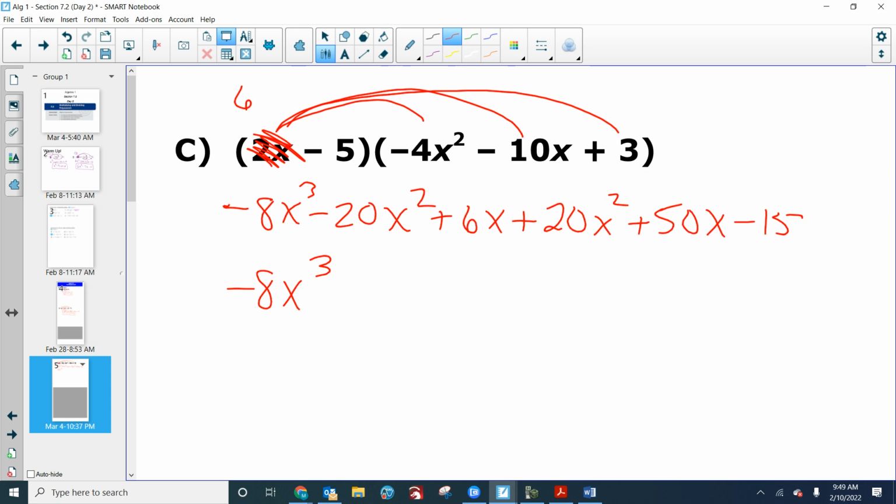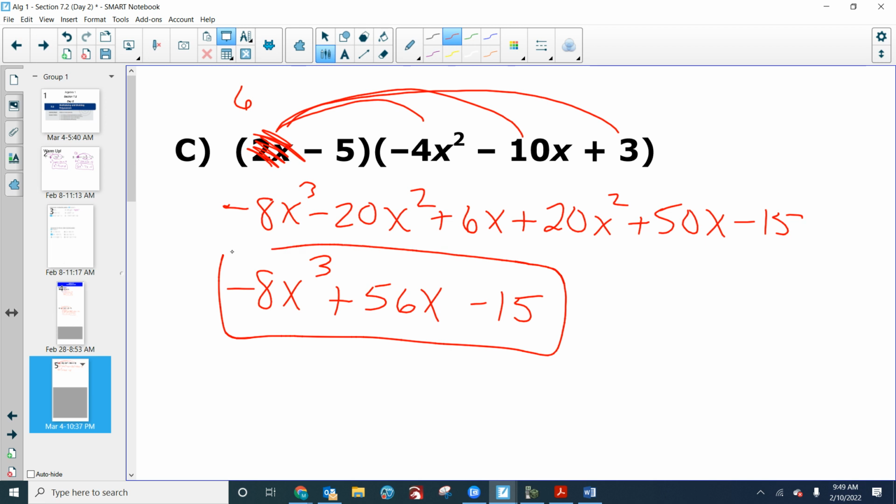Guys, don't write 0x to the second. Never do that. They cancel out. They're gone. Okay, what about x terms, Bailey? What do I write? Plus 56x minus, and that is our final answer in standard form. Nice job.